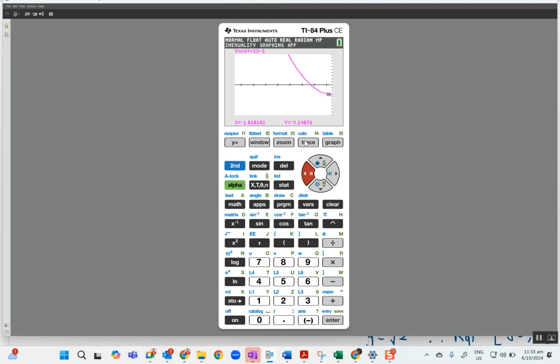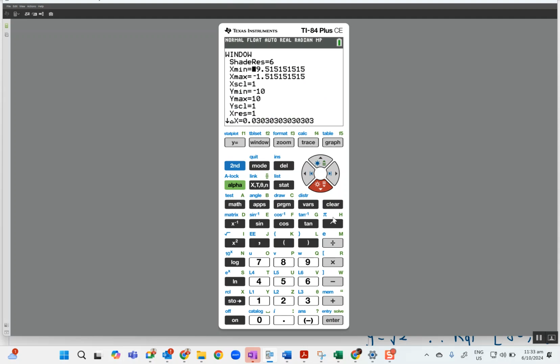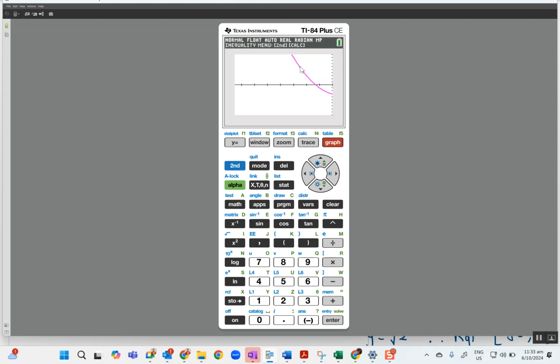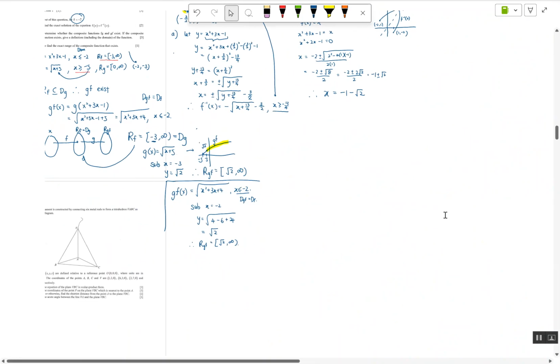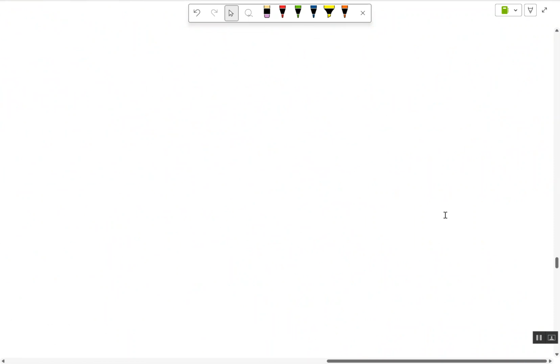But the question says take k to be negative 2. They change the domain to be negative 2 backwards. Understand? The turning point is there, and this point is negative 1.5, negative 13 over 4.